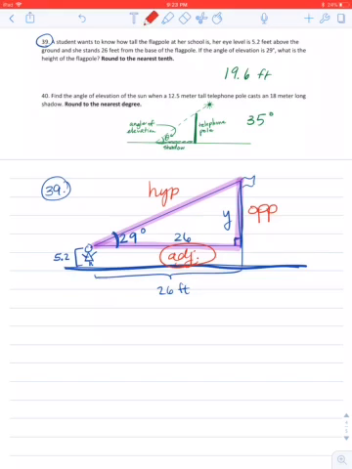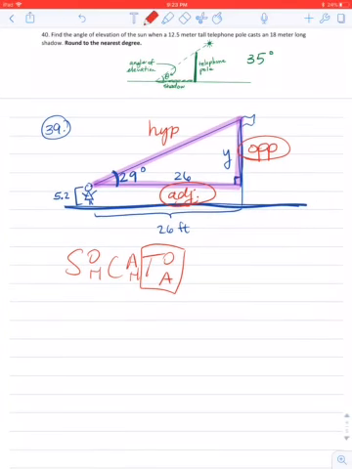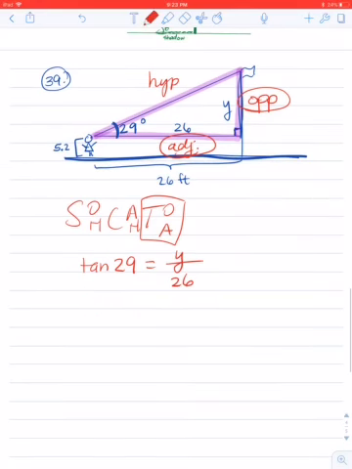I'm given the 26, which is adjacent, and I'm trying to solve for this y, which is the opposite. So that's going to be O and A, so tangent. Then I set up my equation: tangent of 29 equals y divided by 26, and then solve for y. So we multiply both sides by 26.